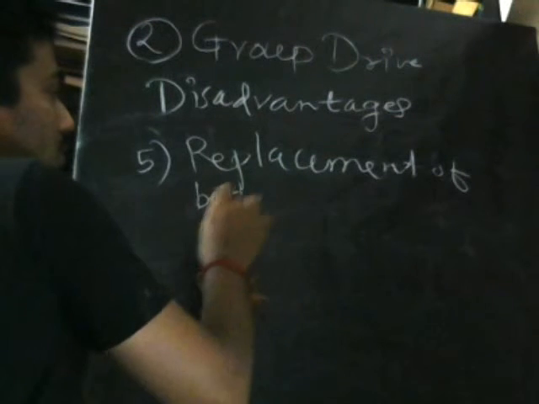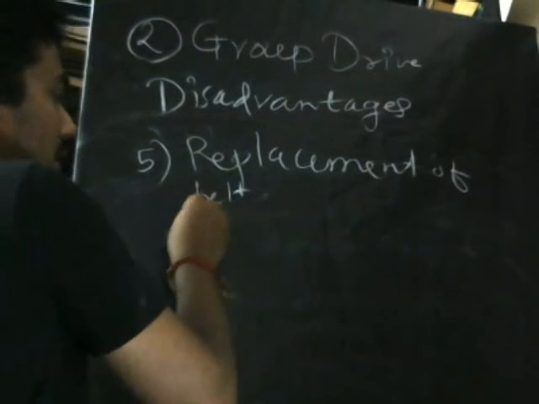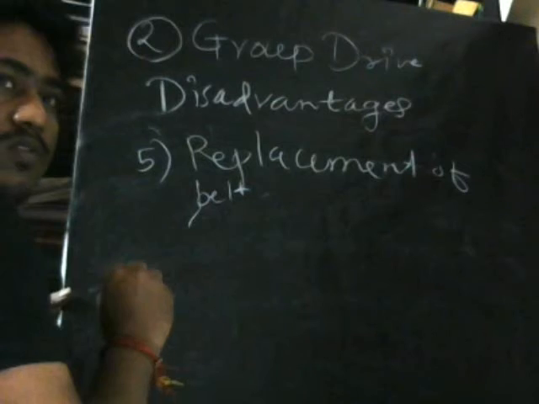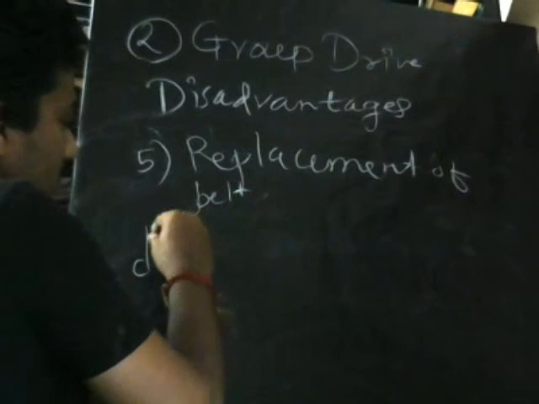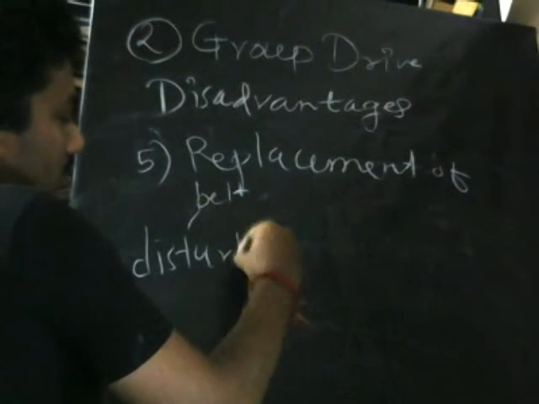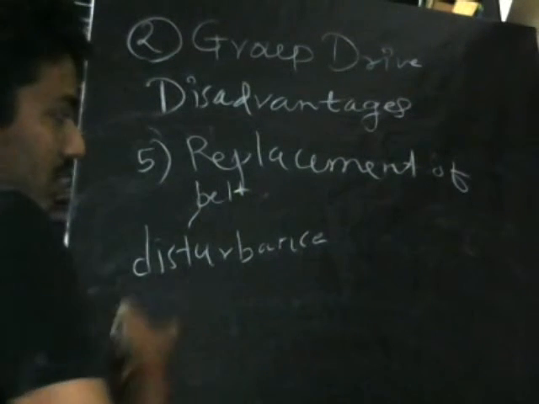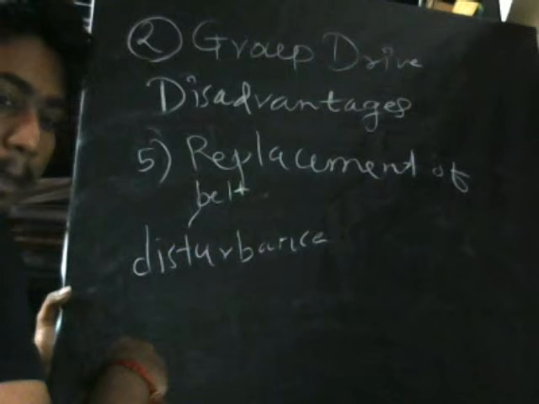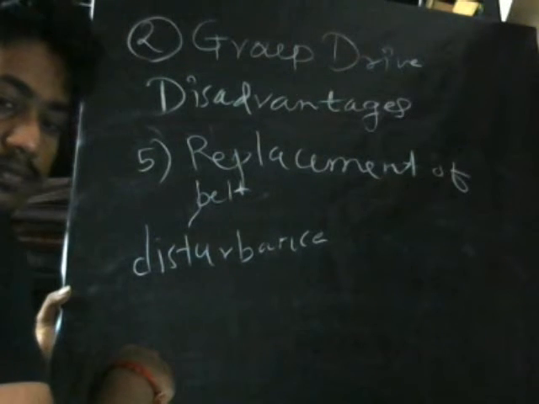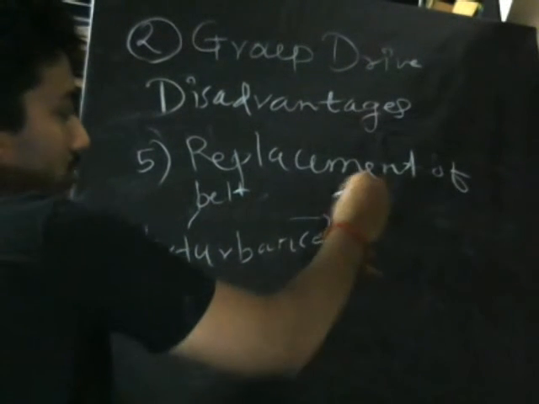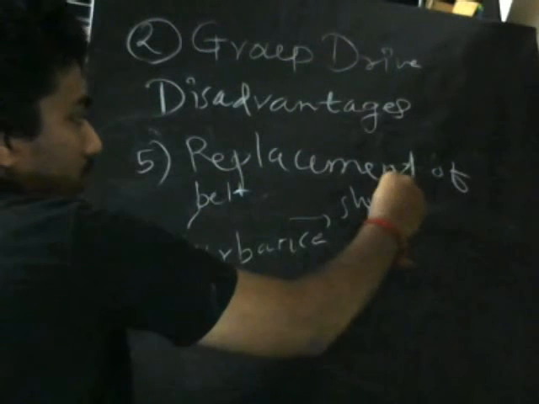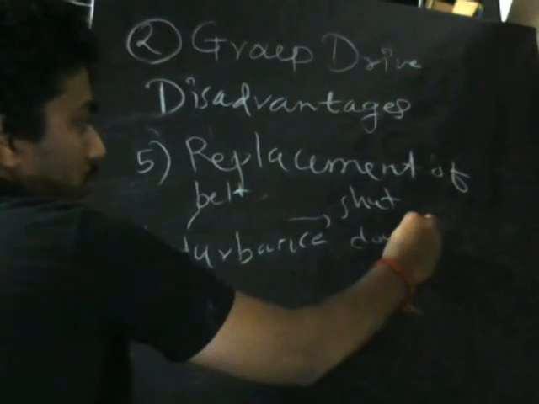But what happens in case of group drive? The system gets stopped, so it becomes disturbance to the whole system. Why? Because we need to shut down the system for this requirement.